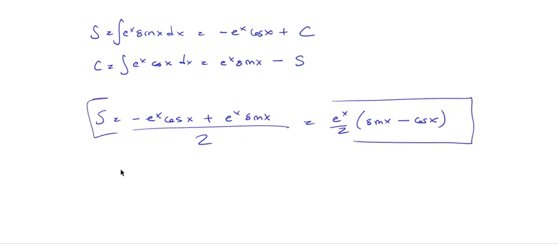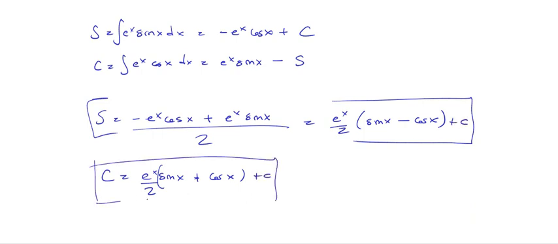And then the second one is the same. C is e to the x sine of x, and then minus s, so this is e to the x over 2 times sine of x plus the cosine of x. This is what you get. And then, okay, plus c and plus c. Don't forget to write your constants. Don't be like me.